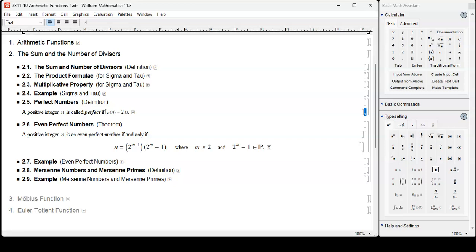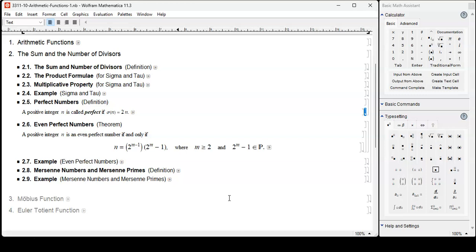We have the definition of the perfect number, and then skipping over to even perfect numbers. What about odd perfect numbers? How about that? What about examples of odd perfect numbers, or maybe some criterion or any theorem associated to odd perfect numbers? Well, the answer is there's no answer.